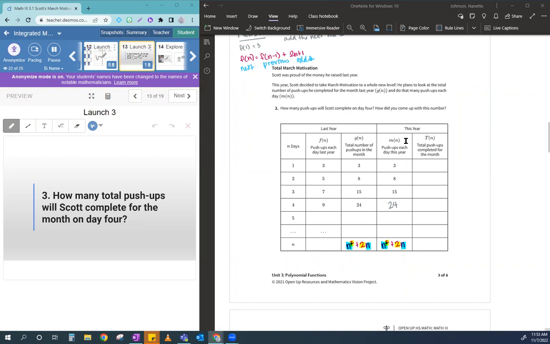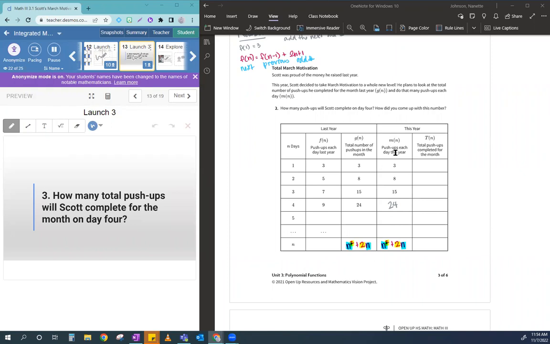So here, okay, sorry, let me go back. So this is this year. Ignore this side. This is him last year, but now we want to talk about this year. So he's basing it off this. So if you wanted to put this, you would put a big N is equal to M(n).